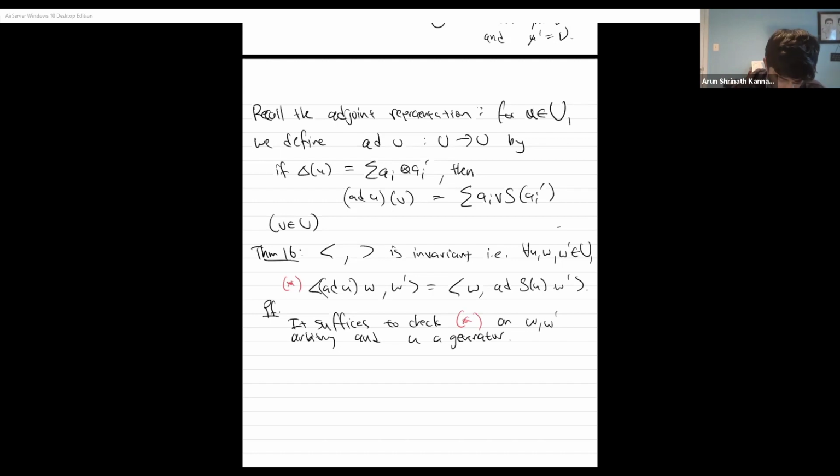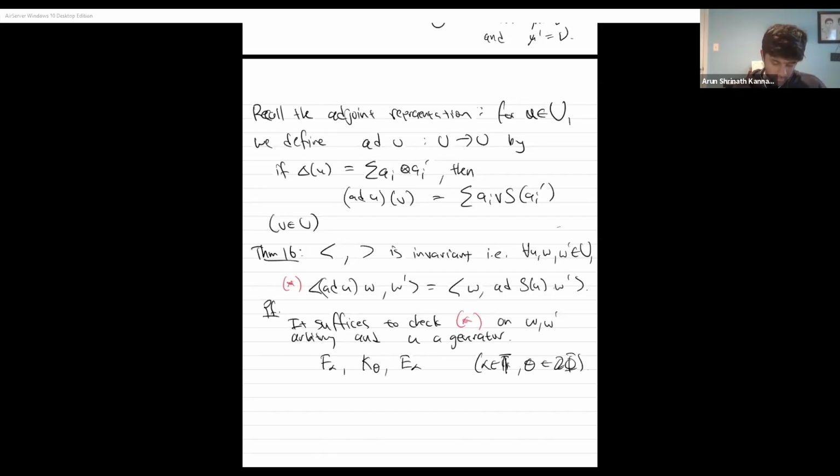And the generators, of course, are F alpha, K theta, or E alpha, alpha a simple root, and theta in the root lattice.